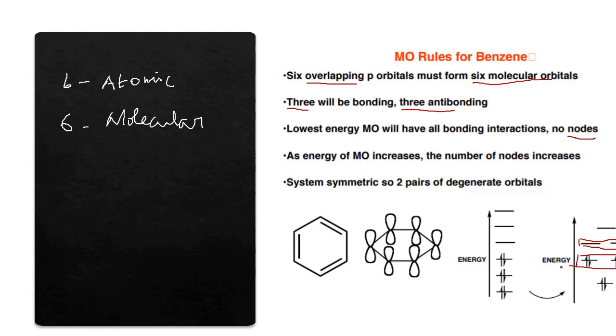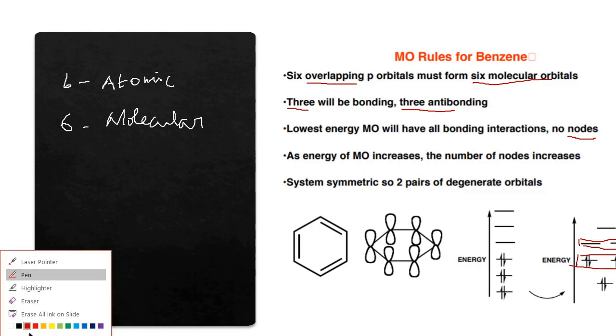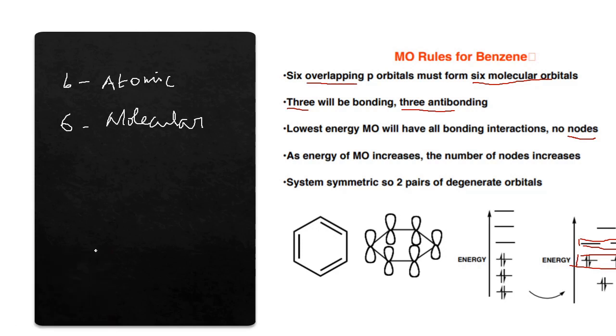As we know, degeneracy means equal. If we say that two orbitals are degenerate, it simply means that they have equal energy. So degenerate means equal in energy. This is what we call degeneracy.